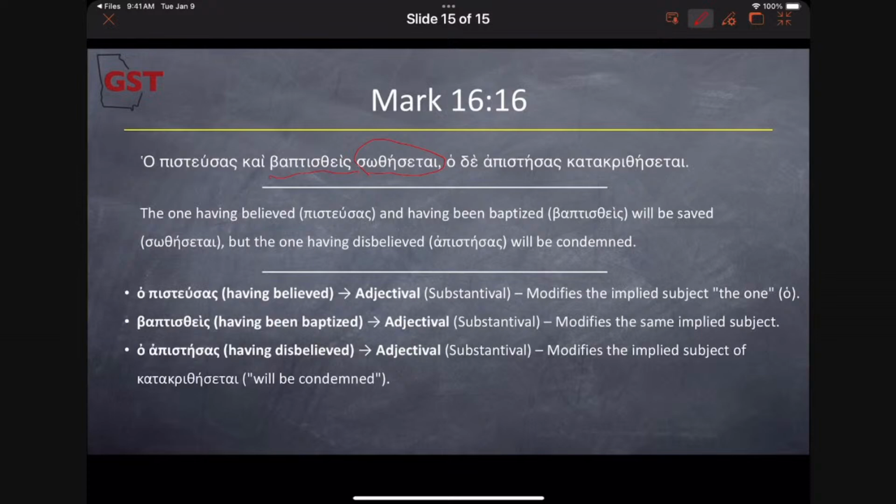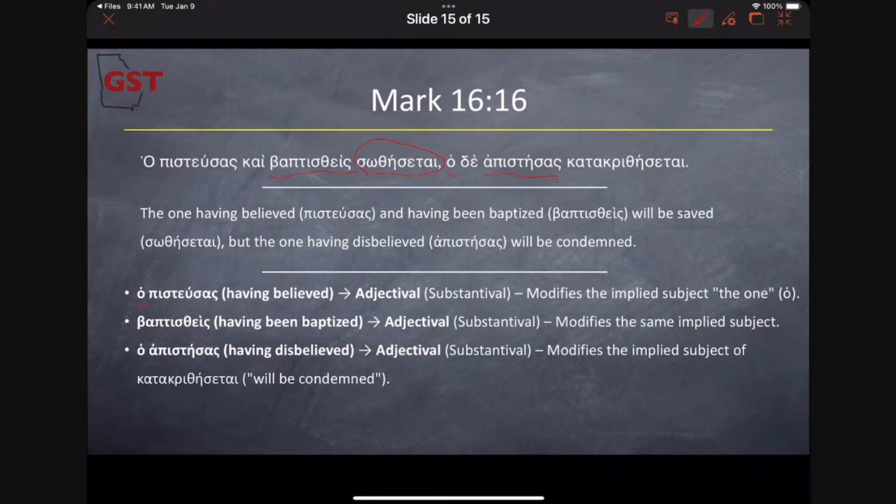I'm rushing through this, so I apologize. It's future passive, will be saved, and then we have ho de apistesas. I can't see apistesas.